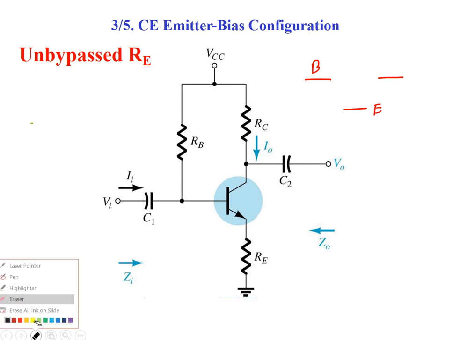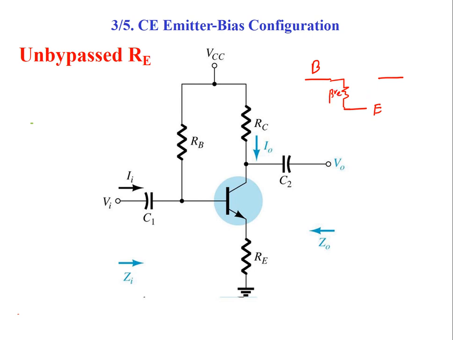In the RE model, between base and emitter we have a resistor, which is beta times RE. Here we have a current source, beta times IB, that's it. And R naught we assume infinity, so there is no need to draw that.